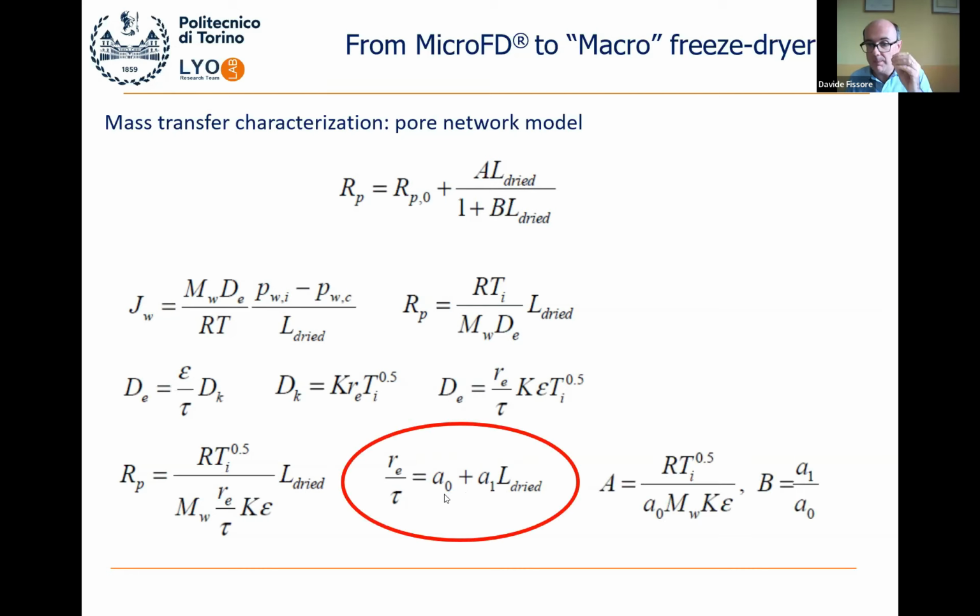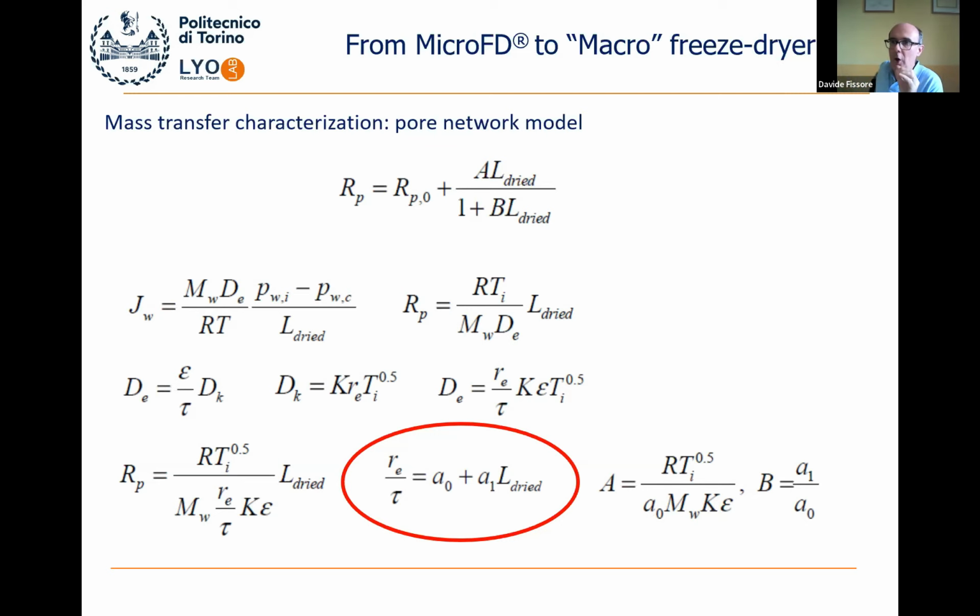If we replace RE divided by 2 into this equation, we get something that is equal to A L dried divided by 1 plus B L dried, where A and B are written in this way. So we may express RP, the resistance of the cake, either using A and B or using A0 and A1. But they are not the same.